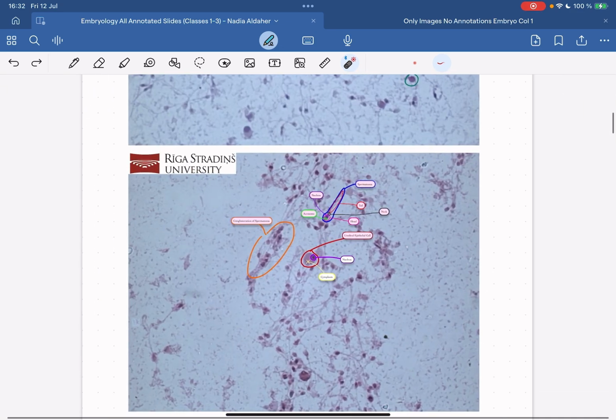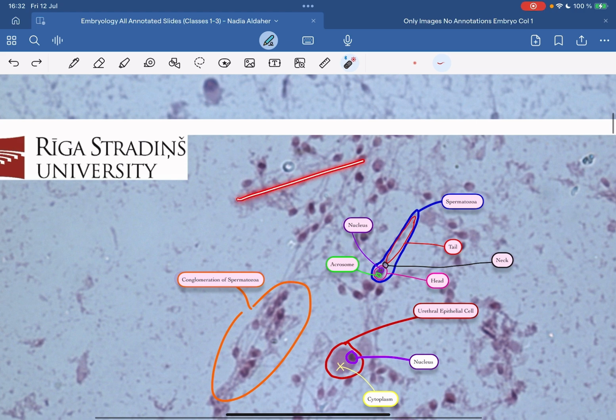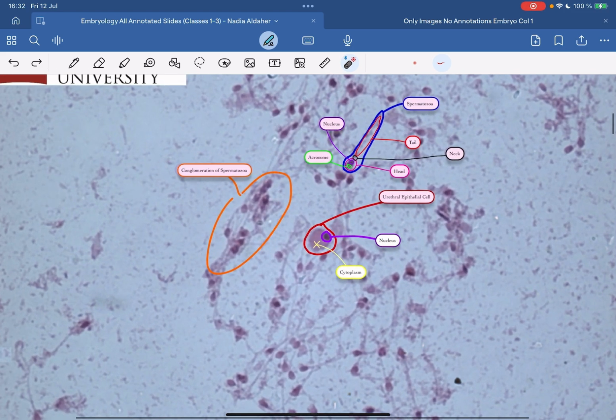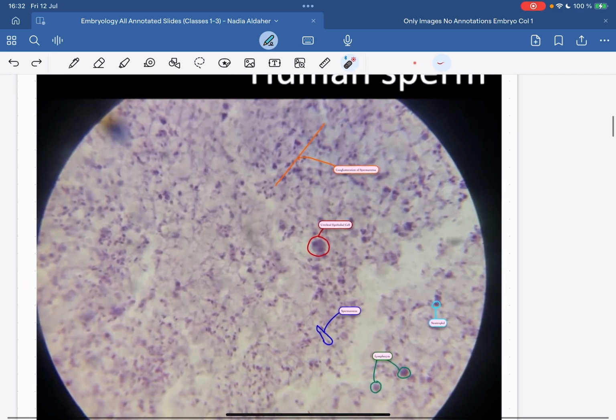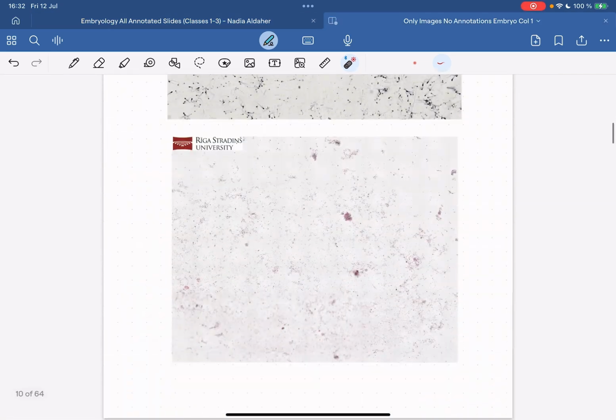So you can call this area that as well. So if they show you this during the colloquium, where they show you several spermatozoa bunched together, that would have this name, or you need to write this in order to gain all the points.